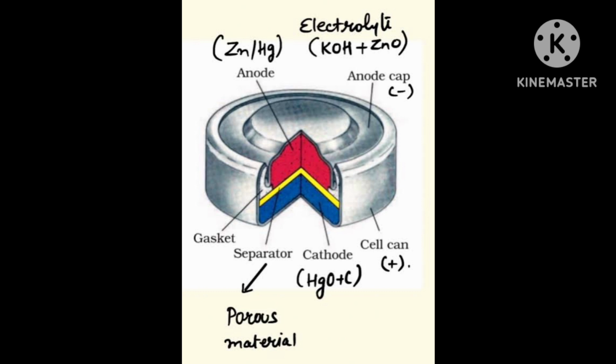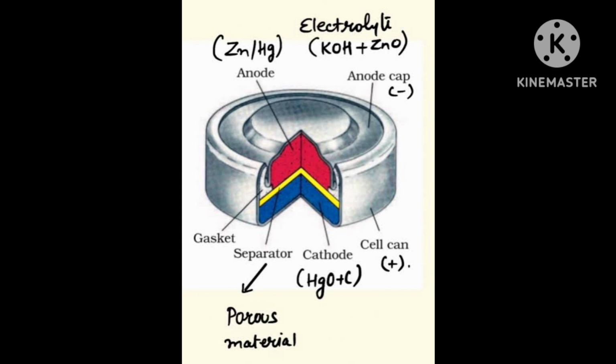The electrolyte is again a pair, a paste of KOH and ZnO. All are in pairs. Then at the anode, Zn will oxidize in the presence of OH, since you are using KOH as electrolyte.